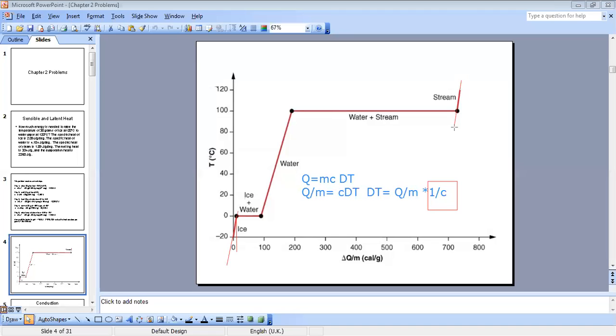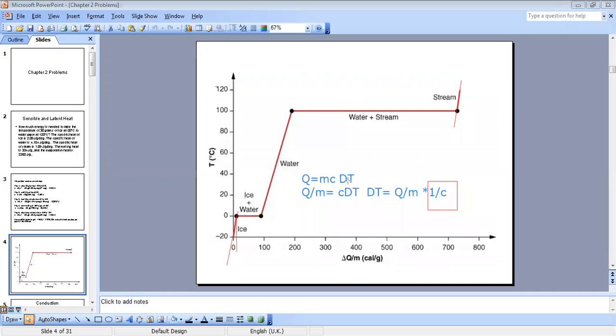This is why, if you represent the variation with time and consider that we are providing heat at a uniform rate, so for a certain period of time we are providing the same amount of energy, you can see that the increase in temperature in the ice and the steam is much faster than in water, due to the high specific heat of water.